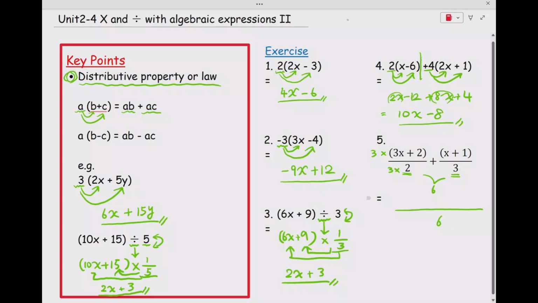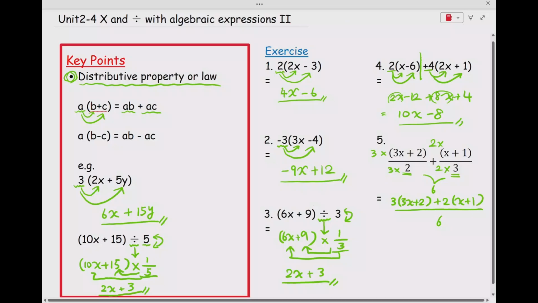So the numerator of the first fraction becomes 3(3x + 2). Similarly, for the other expression, the original denominator was 3. So making the denominator 6 means that the denominator was multiplied by 2. So the numerator must also be multiplied by 2. So the numerator becomes 2(x + 1).